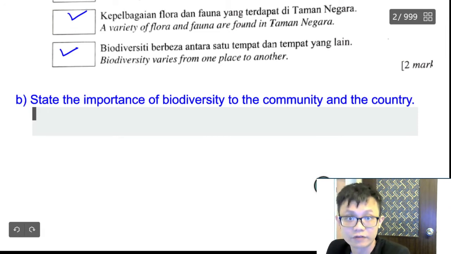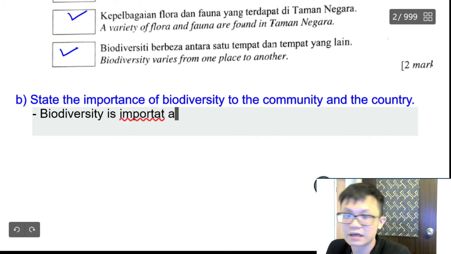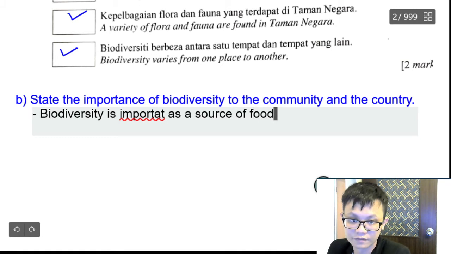We can say it provides food. Maybe you can say biodiversity is important as a source of food. Correct or not?